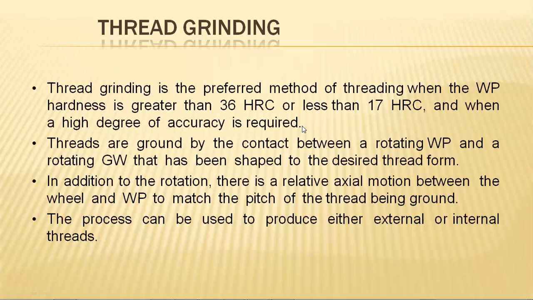Particularly in this thread grinding process, both internal threading and external threading activities can be progressed simultaneously, or else with multiple cutting tools we can process the external and internal activities simultaneously.